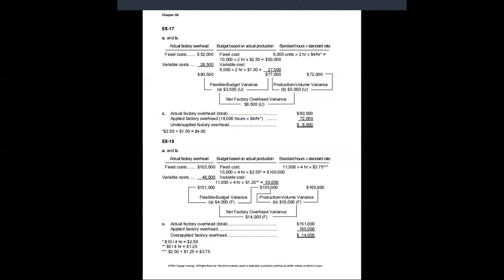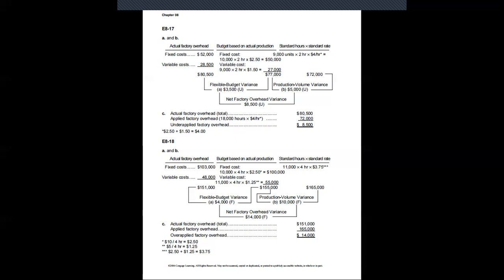Cost and production data for June follow. Production for the month is 11,000 units. Direct labor hours used are 42,000 hours. Factory overhead incurred is given for variable cost and fixed cost. Calculate the flexible budget variance and the production volume variance, and state whether total overhead was applied or under applied.